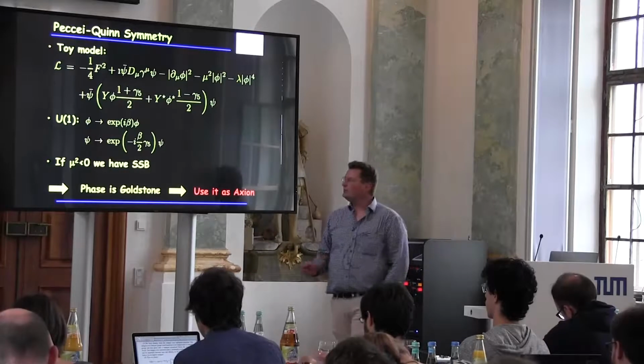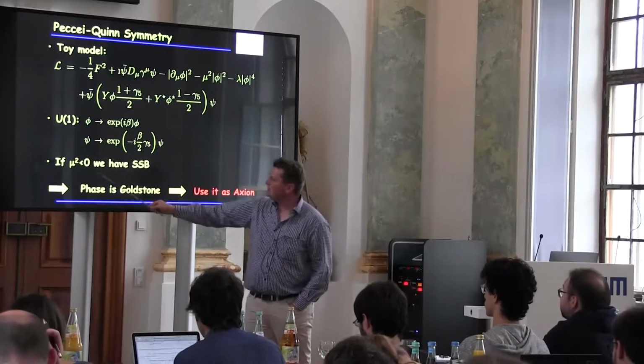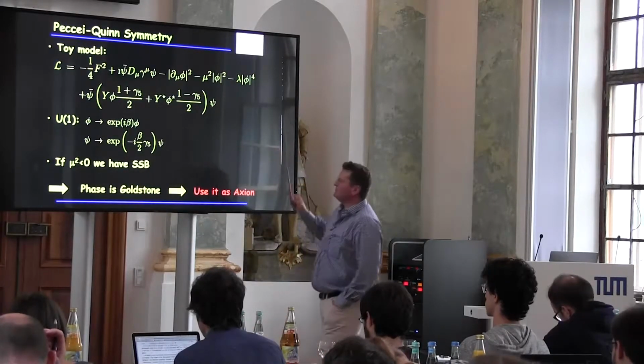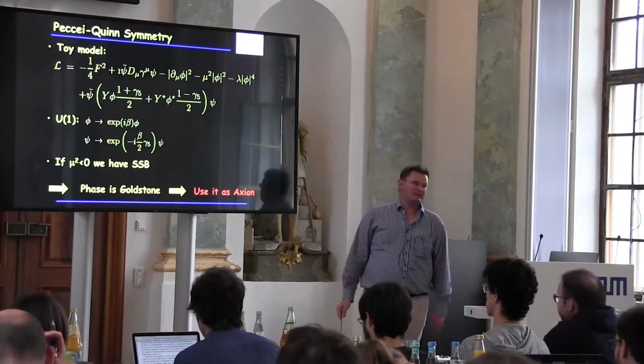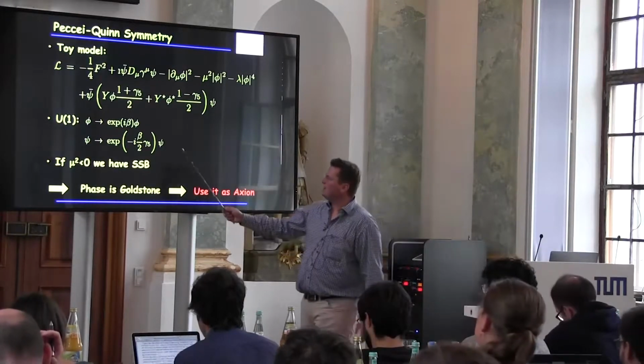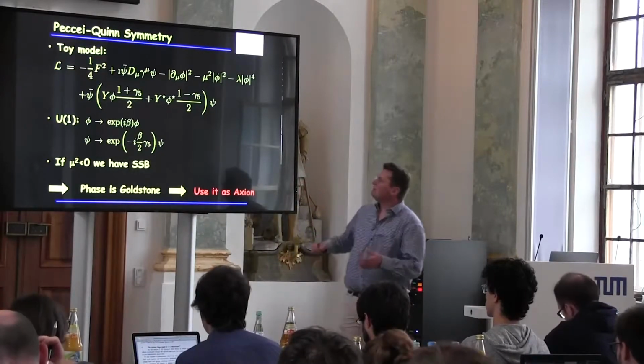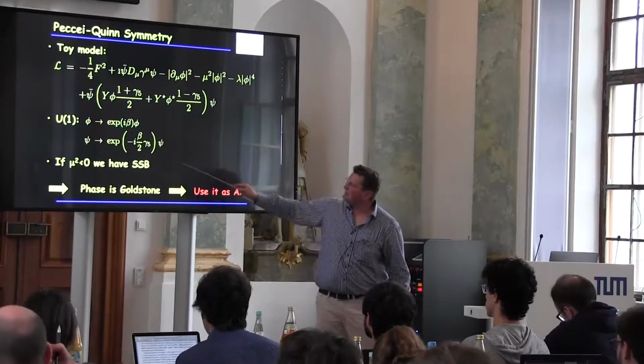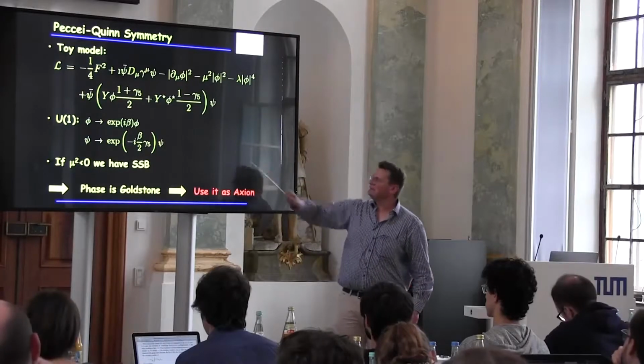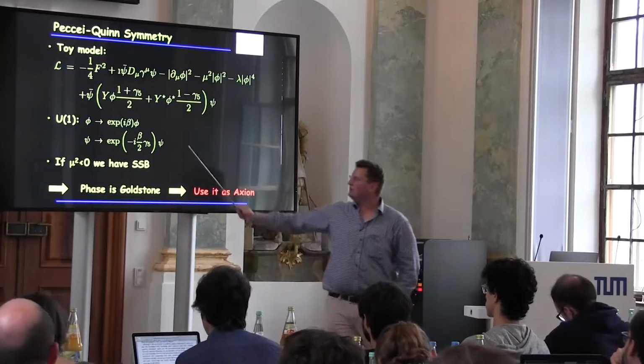But what you can now do is take the potential to be a Mexican hat potential. If you do that, you get spontaneous symmetry breaking, and you can check that you are spontaneously breaking this axial U1 symmetry.